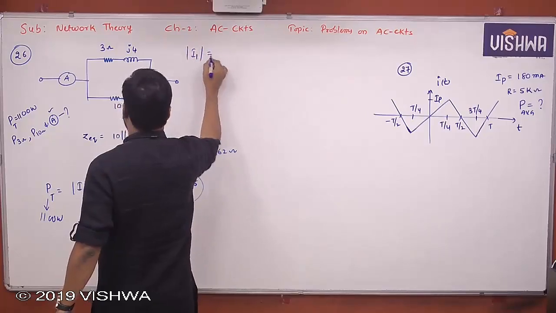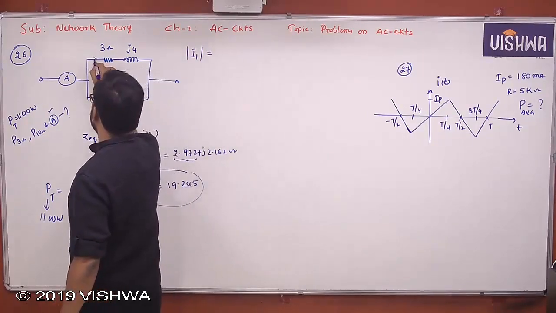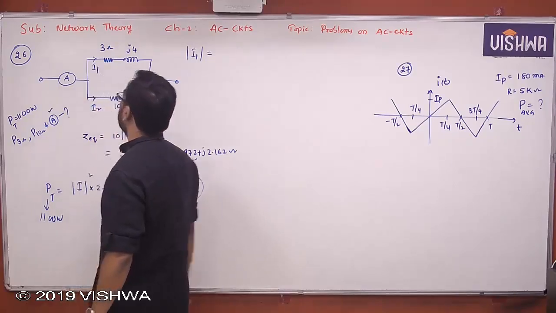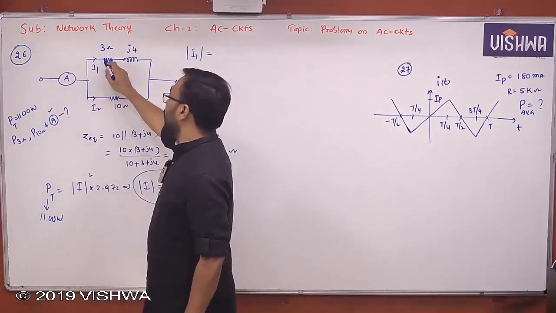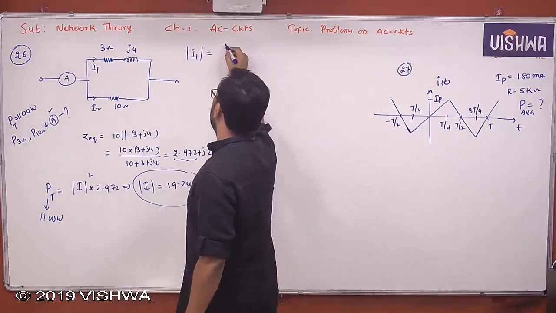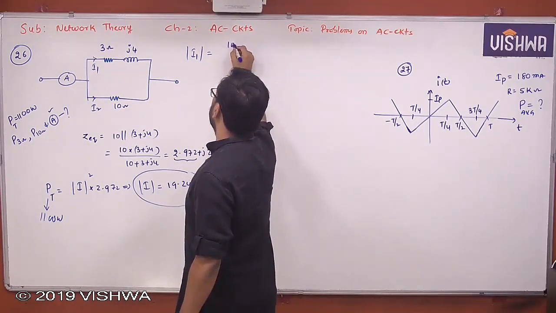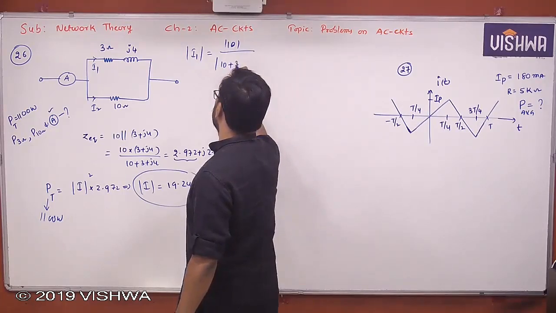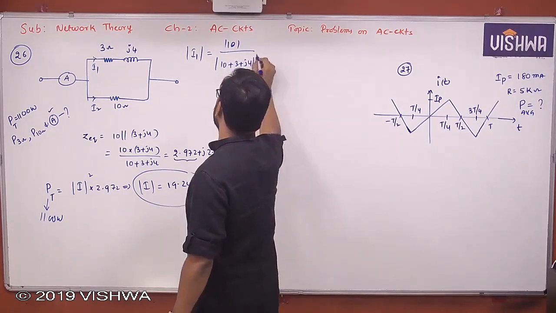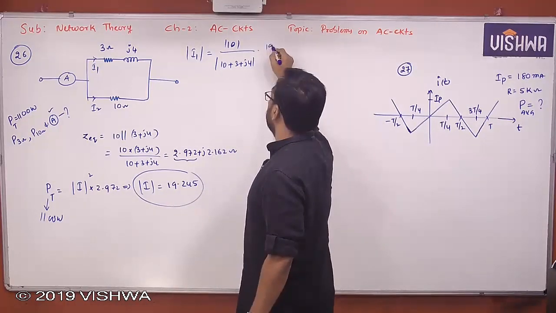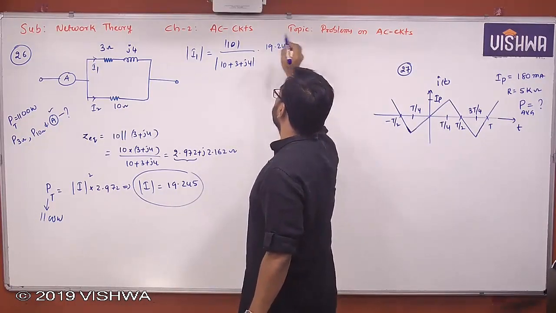Then find I1, and you want the power of the 3 ohm. So say this is I1 and this is I2. What is the power of the 3 ohm? It is I1 RMS magnitude squared into 3, right? So let us deal with only magnitudes here. What is that? The opposite, 10, by the magnitude of (10 plus 3 plus j4), into the magnitude of the total current I, which is 19.245.